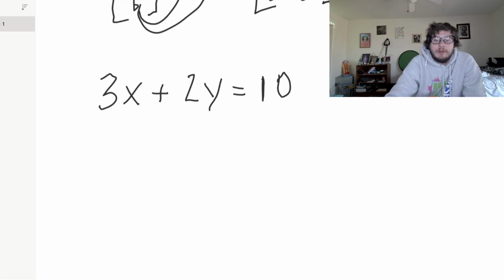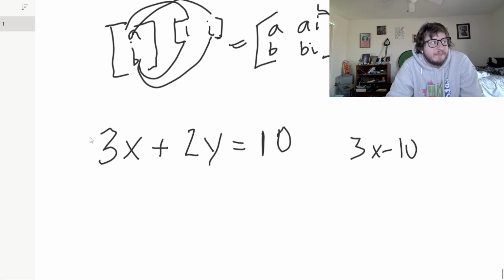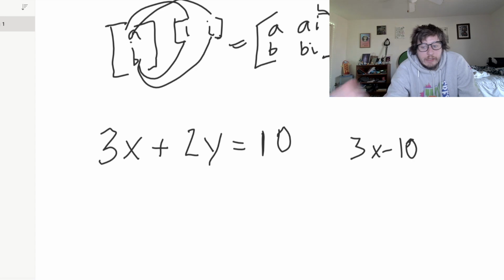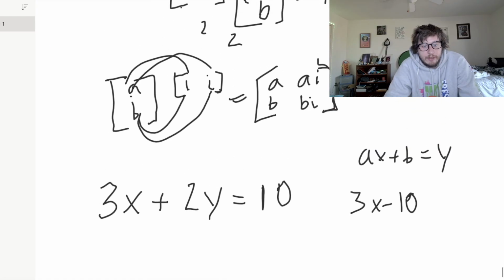Now, this is a rearrangement. Sorry, 3x minus 10. This can be found from a rearrangement of the ax plus b equals y form of an equation, right?